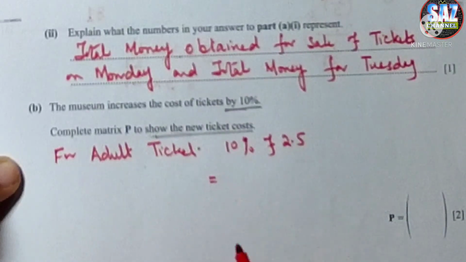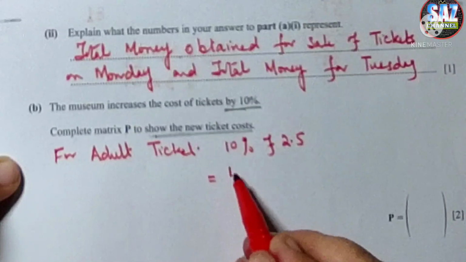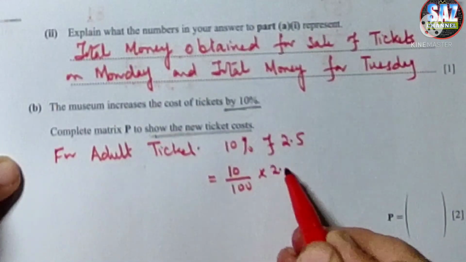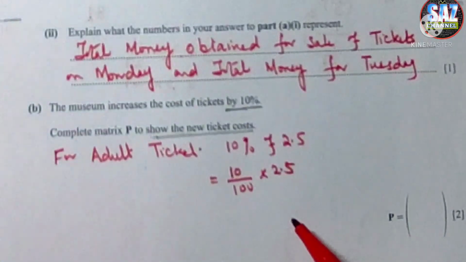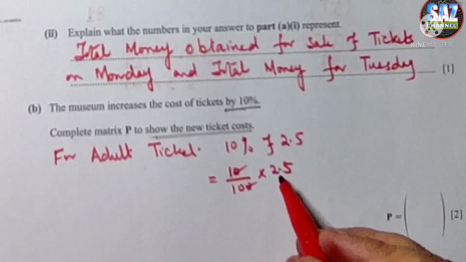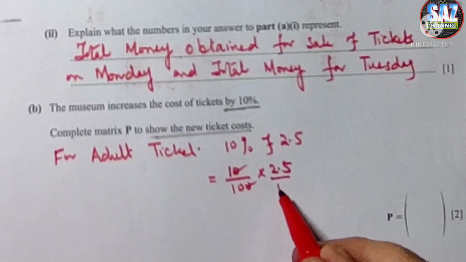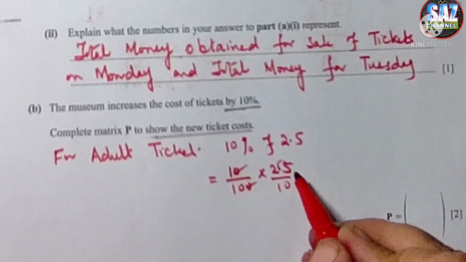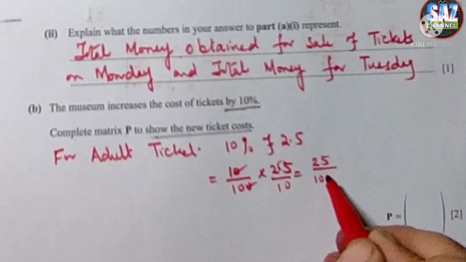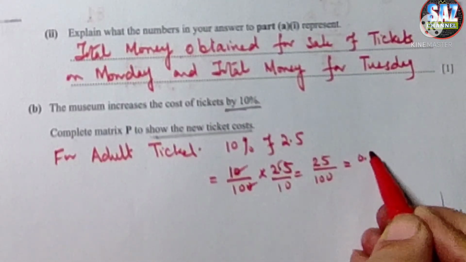As this is a 2 marks question, we have to show the working. 10 over 100 multiplied by 2.5. Okay, and now look, this 0 goes with 0, and if I remove the decimal here in order to make the calculation easy, I will get 25 over 100, which is 0.25.